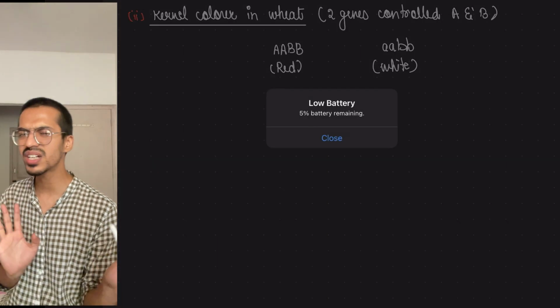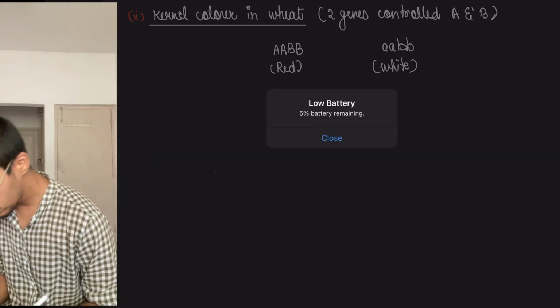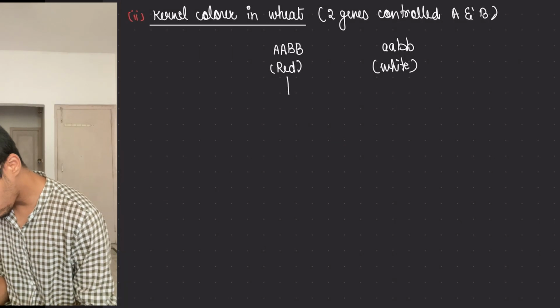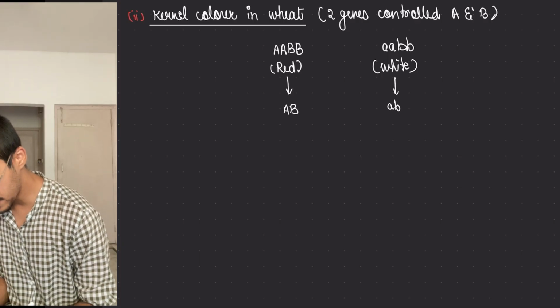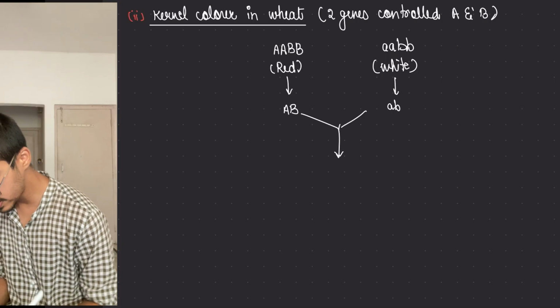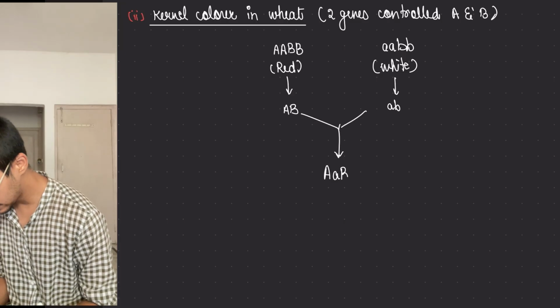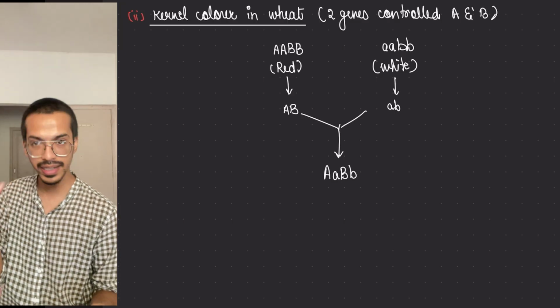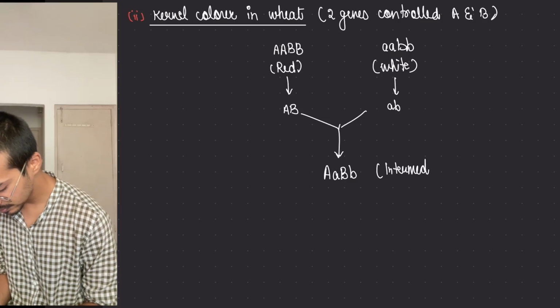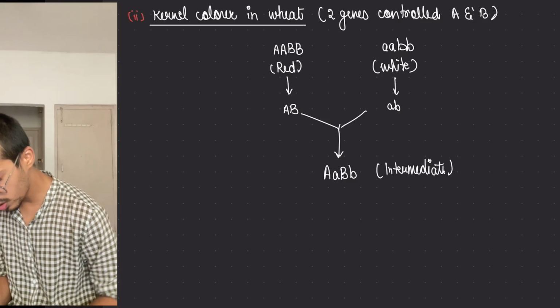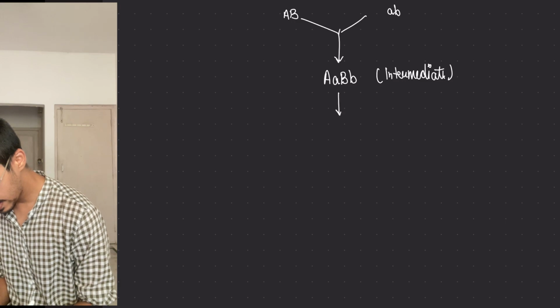Always remember the recessive color would be white. Then we will make the gametes of it. This will be this gamete, this will be this gamete. They will cross, and it will form this color, which is the intermediate. Now if you make the Punnett square, F2 generation.